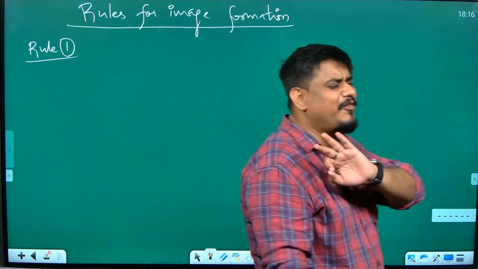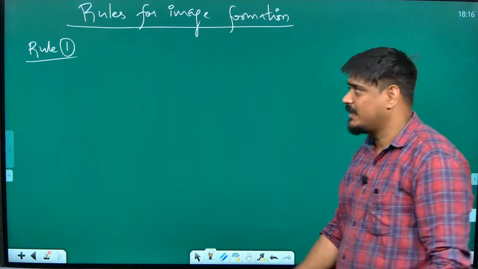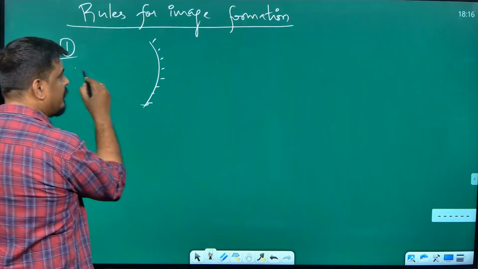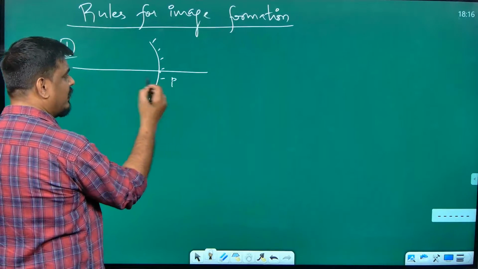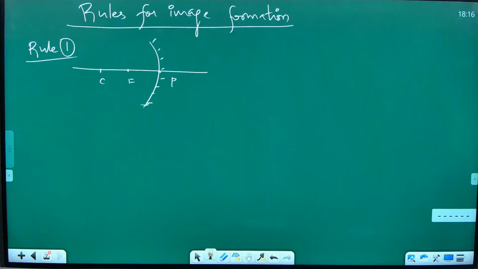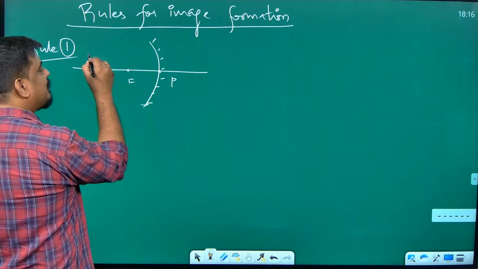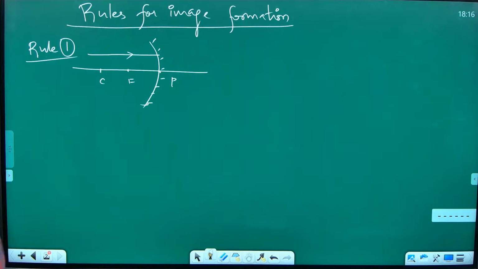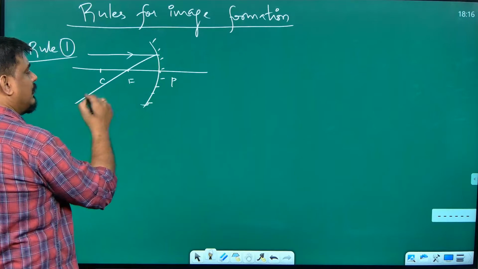Rule number 1 is a very simple rule. It says that if you have a mirror, for example, suppose I am having a concave mirror, we know all these things. This is called pole, this is called focus, and this is called center of curvature. The first rule says that any ray which is passing parallel to principal axis after converging will pass through focus.